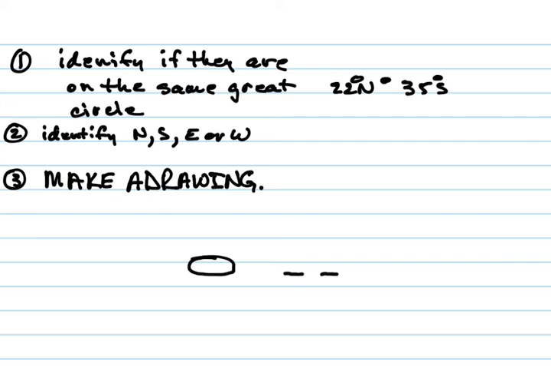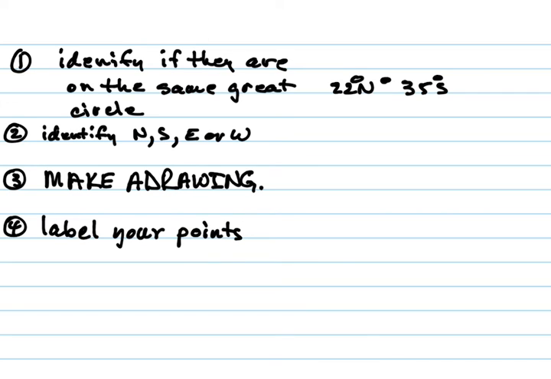It's that important that you make the drawing. So make a drawing. Label your points. So on your drawing, you'll label your points. Then you're going to add or subtract as necessary.